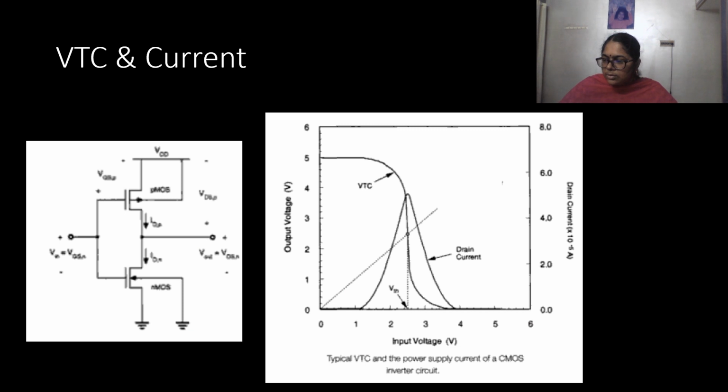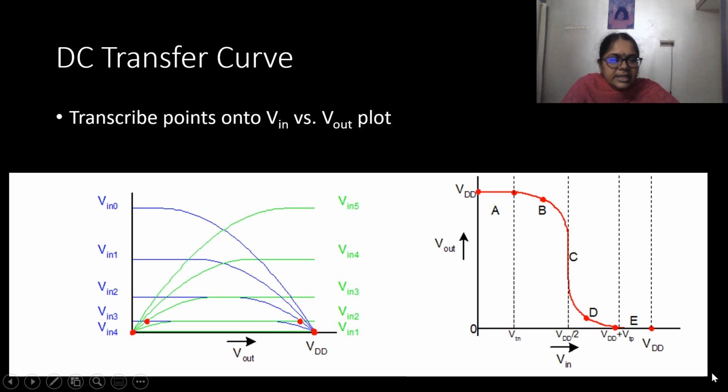Now, when we get the DC characteristics or the transfer curve of the CMOS inverter circuit, we have seen here that when the input voltage is 0 and less than the threshold voltage of the nMOS transistor, you can see the nMOS transistor is off or the pMOS transistor would be on, causing the output voltage to be logic 1.